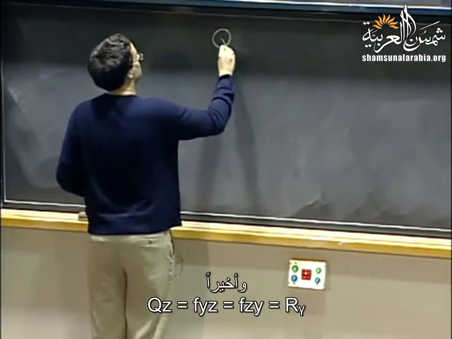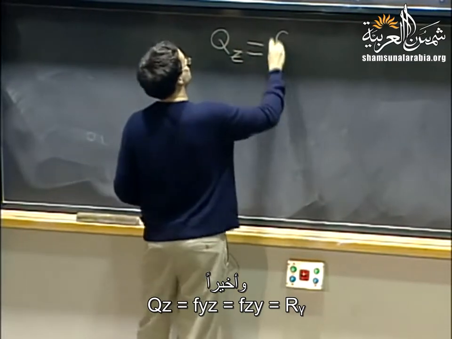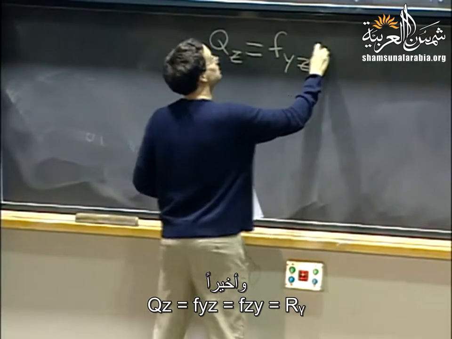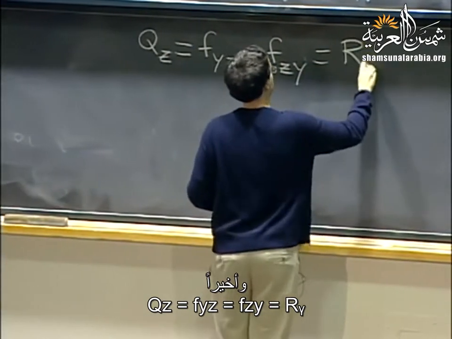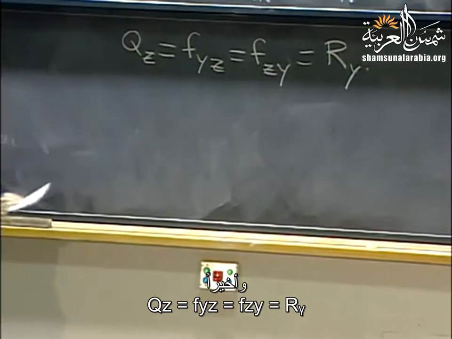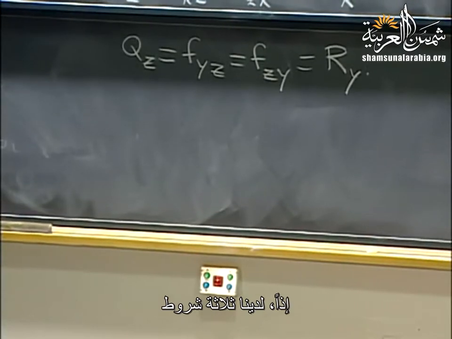And finally, Q sub z, which is f sub yz, equals f sub zy, equals R sub y. Okay, so we have actually three conditions.